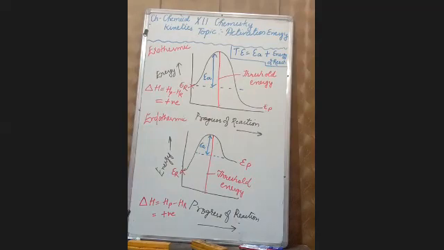For example, in the decomposition of nitrogen pentaoxide, the time taken for half of the original amount of material to decompose will be 10 days when we are keeping the temperature at 0 degrees Celsius.